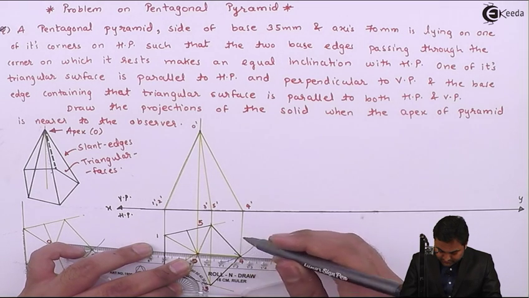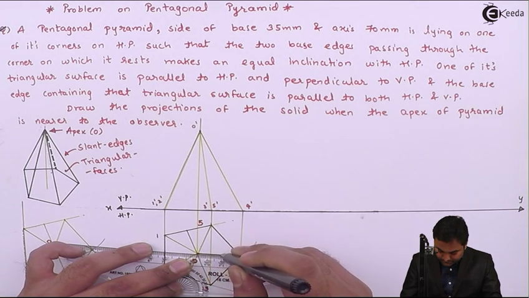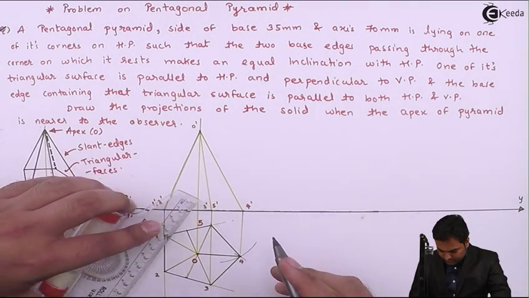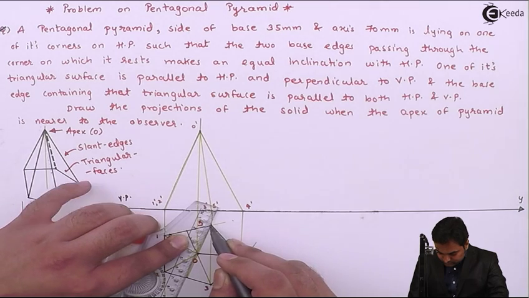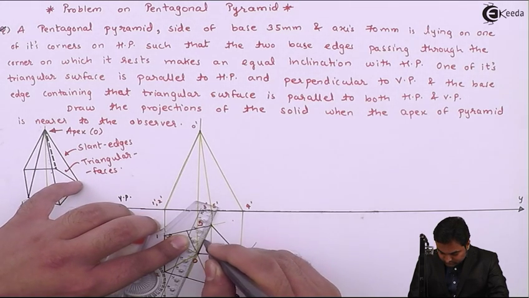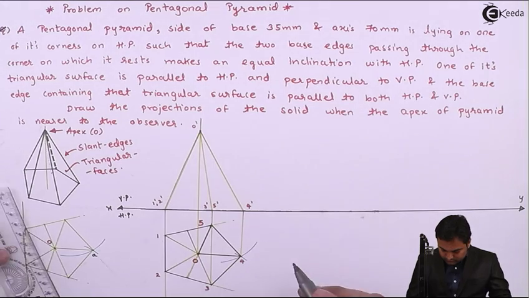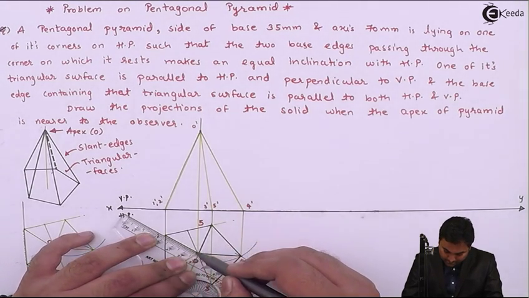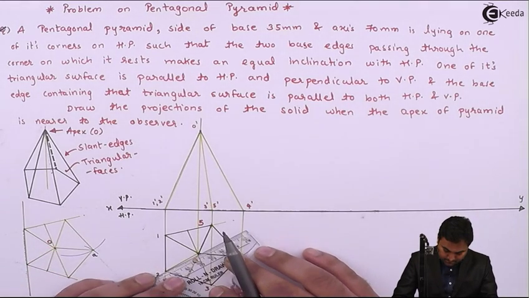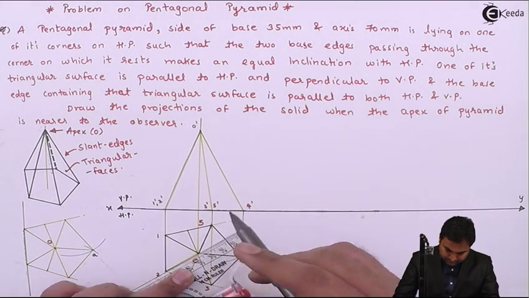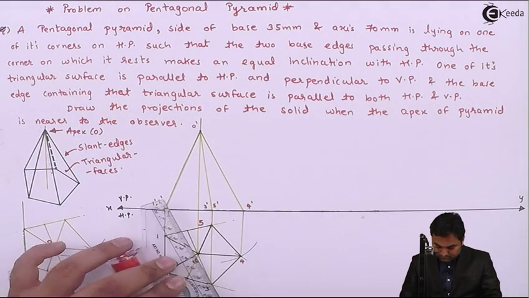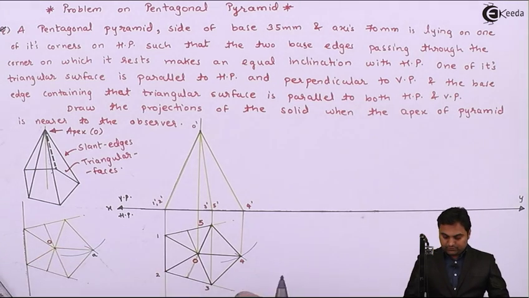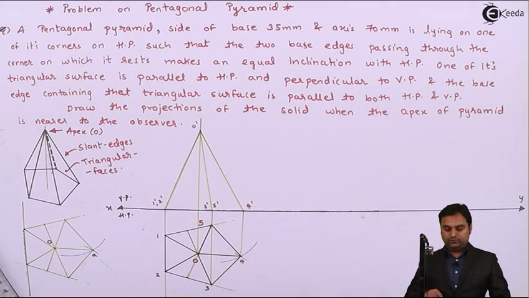Joining the slant edges as well to get the triangular faces. So this is the pentagonal pyramid when we are looking from top.